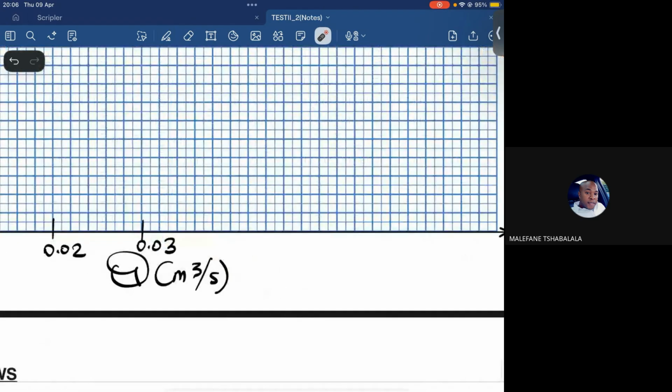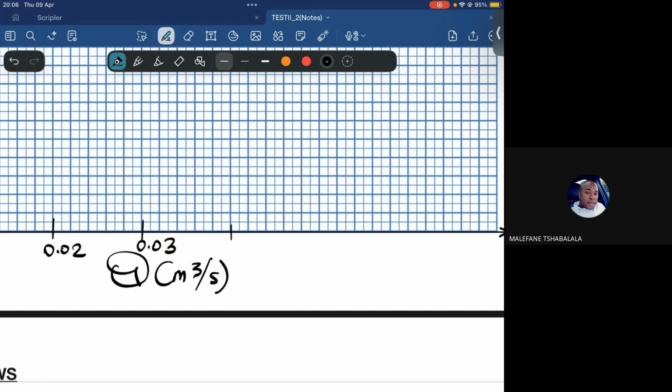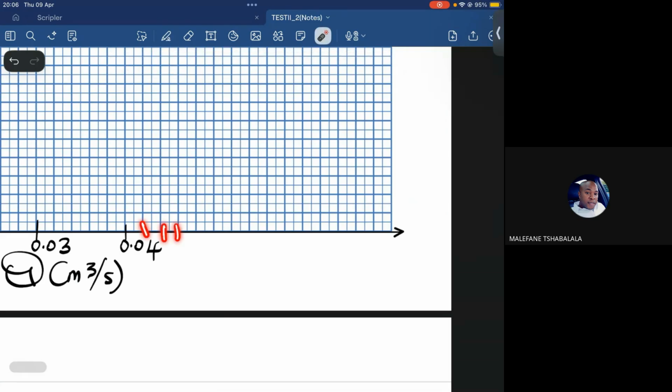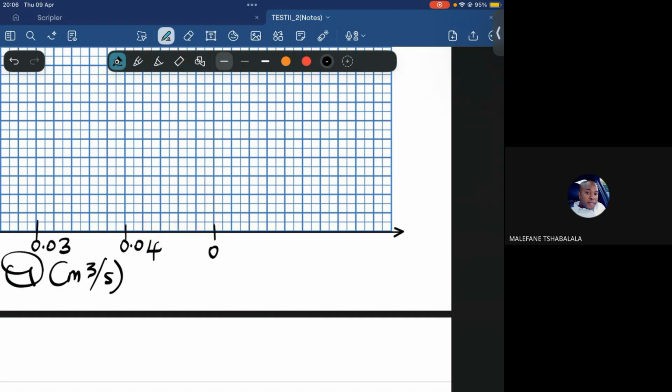Then 1, 2, 3, 4, 5, this is our 0.04. Then 1, 2, 3, 4, 5, this will be our 0.05.